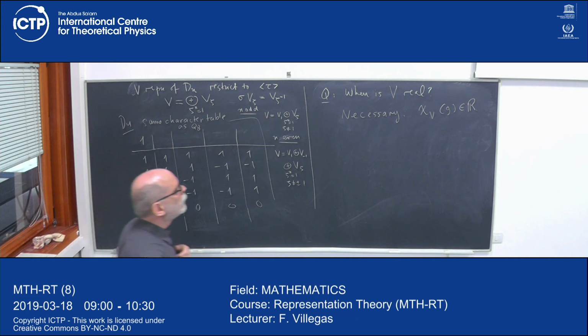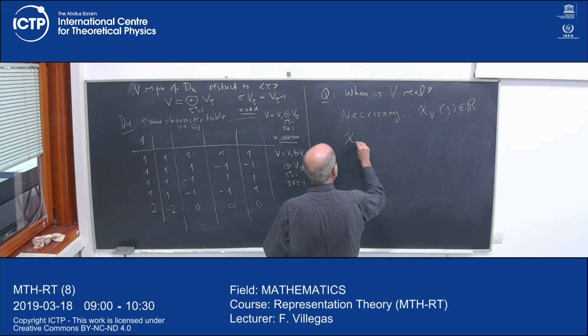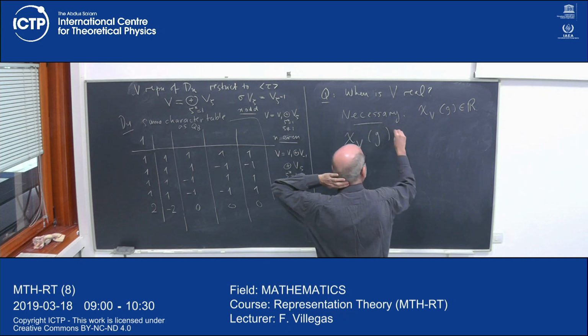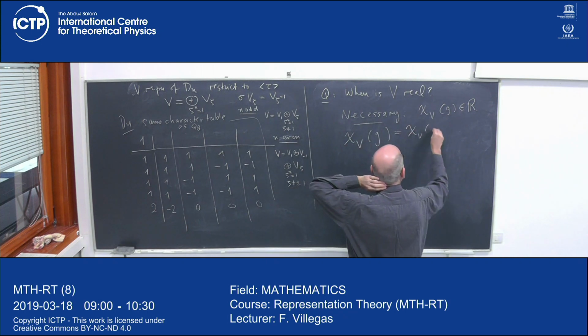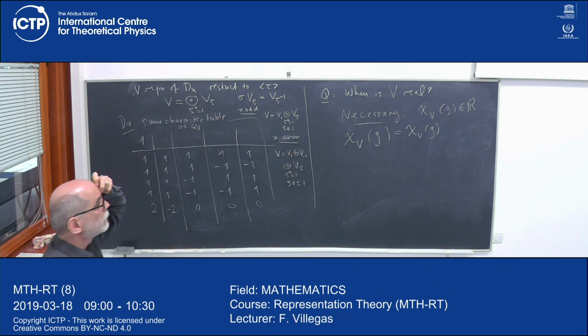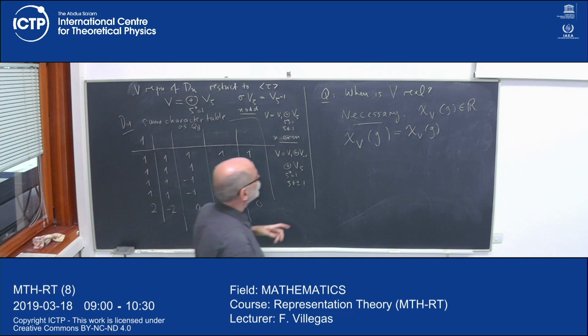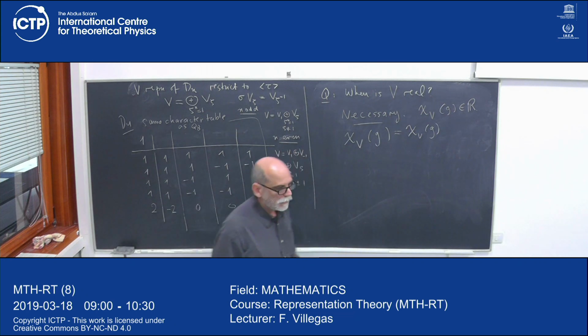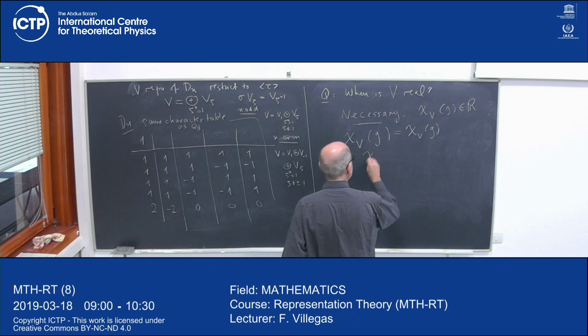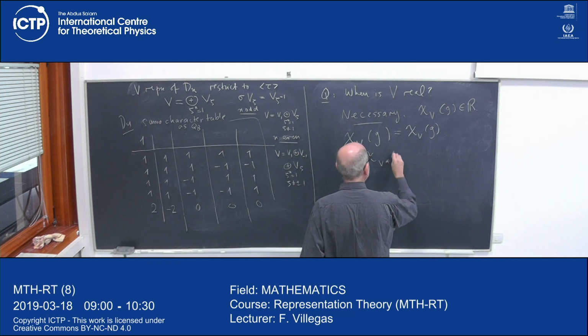Now, to be real is to say that you're equal to your conjugate. On the other hand, the conjugate of the character is the character of the dual representation.